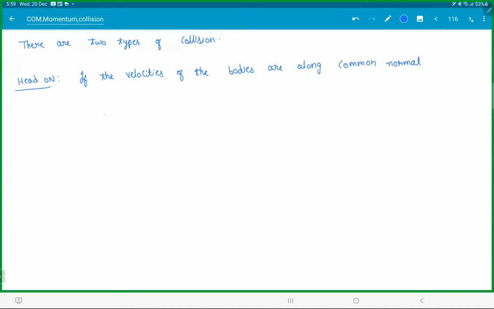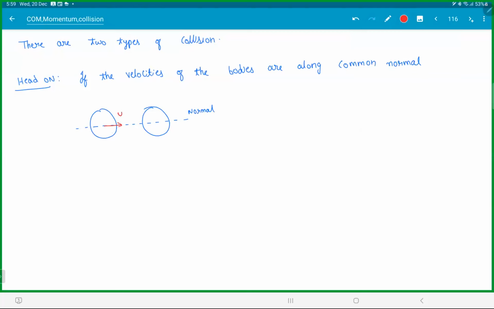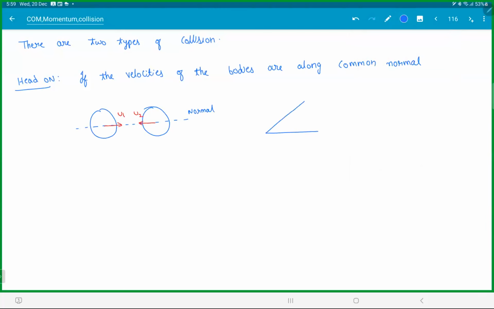The collision is said to be head-on. So for example, these are the two spheres. This is your common normal. So if the velocities are like this, u1 and u2, this is a head-on collision. Suppose you have an incline like this, this is the common normal. Velocity is like this. So these all are head-on collisions.